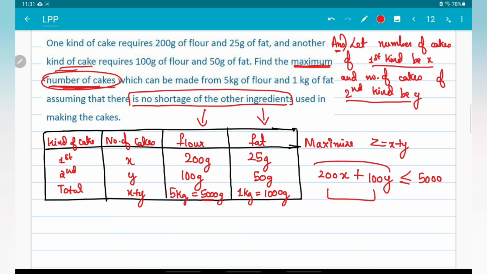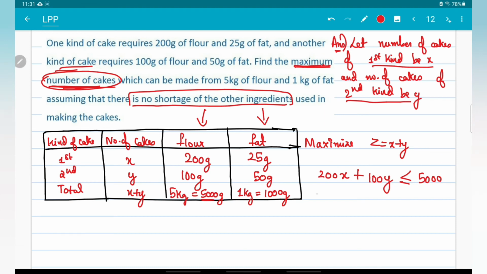This is our requirement of flour, and this requirement is either less than our total supply of flour, that is 5000, or it will be equal to the total 5000, but our requirement cannot be more than the ingredients that are present. So that is our first constraint.